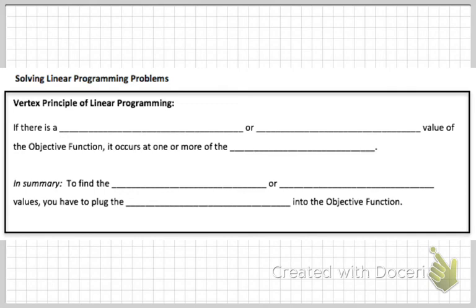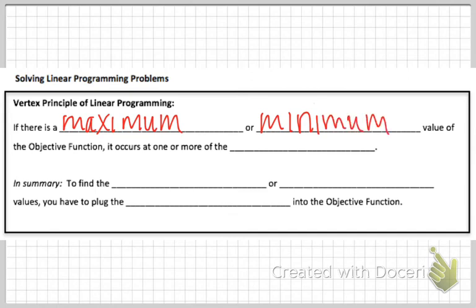So to summarize the relationships going on, it's called the vertex principle of linear programming. So we have this idea that if there is a maximum, let me switch back to the pen. If there is a maximum or minimum value of the objective function, then it occurs at one or more of the vertices, which are the coordinates of the corners of the feasible region.